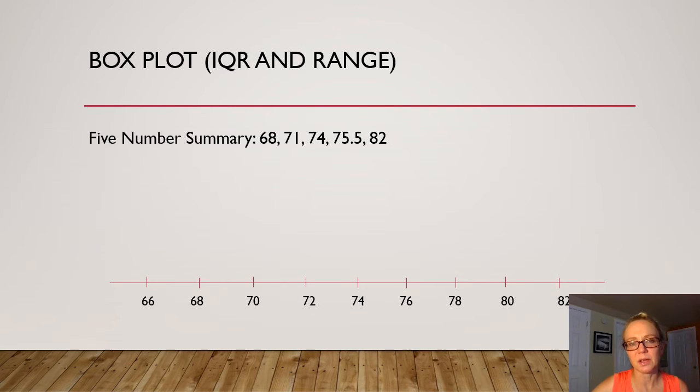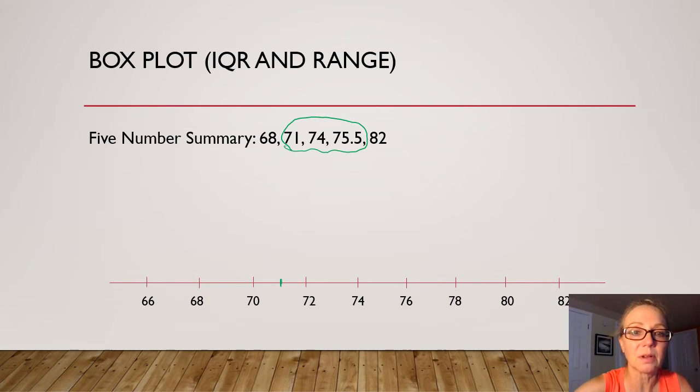To build the box plot, you take those 5 numbers and you basically build a box in the middle with 2 whiskers coming out the sides. Now the 3 numbers in the middle of the 5-number summary form the box. So we're going to start with 71. 71 is going to be halfway between 70 and 72, and we're going to build the side of a box. 74 is here, so I'm going to build a line that's going to be inside the box.